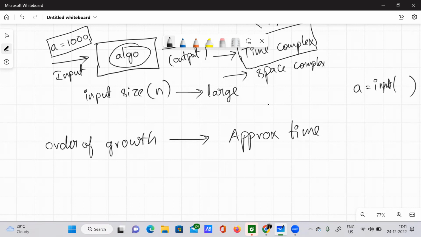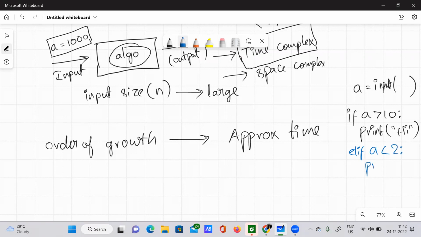And then I'm saying if my a is greater than 10, print something like print hi. Else, sorry, elif, I'm saying elif a is less than 2, print bye. I'm also saying else print get lost.